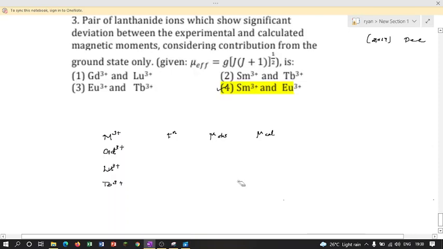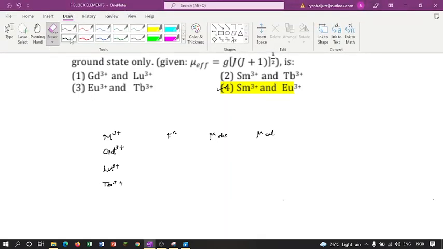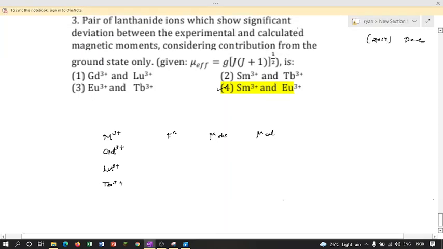This question I have taken from 2019 December. The question is, the pair of lanthanide ions which shows significant deviation between the experimental and calculated magnetic moments, considering the contribution from the ground state only. The configuration and magnetic moments are here: Gd3+, this is half filled, 4f7, observed magnetic moment value 7.97 and calculated magnetic moment value 7.94.